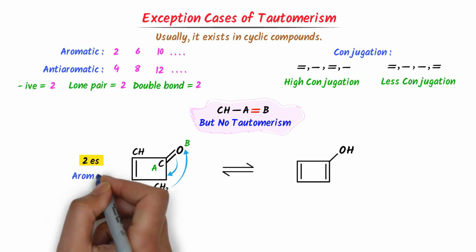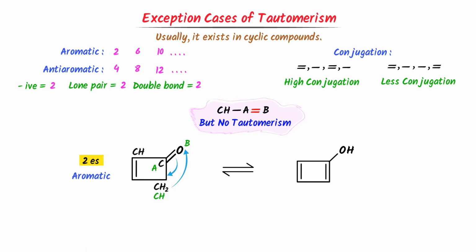Hence this compound is aromatic. On the other hand, this compound has 2 double bonds. I write 2 plus 2. I get 4 electrons. We know that if a compound has 4 electrons, it is anti-aromatic. Here, this compound is anti-aromatic.